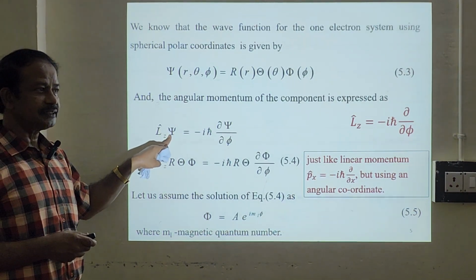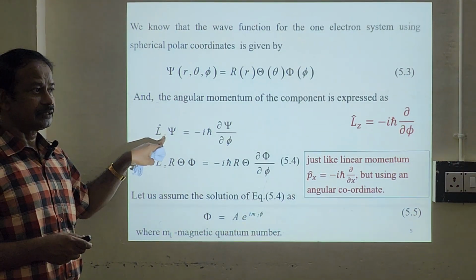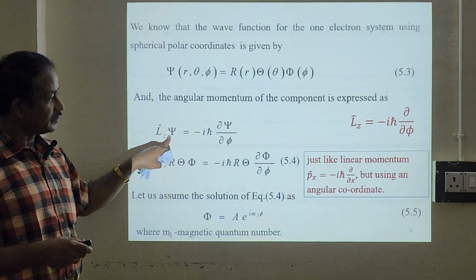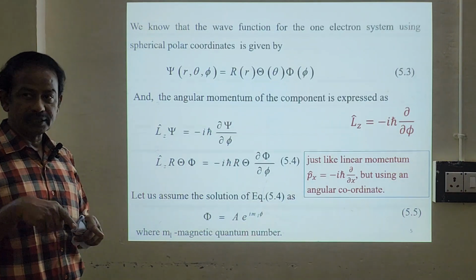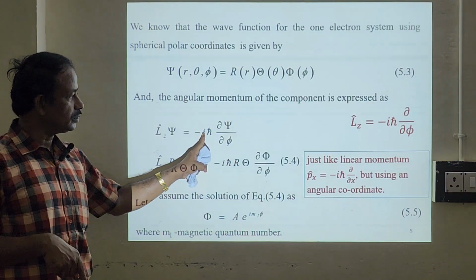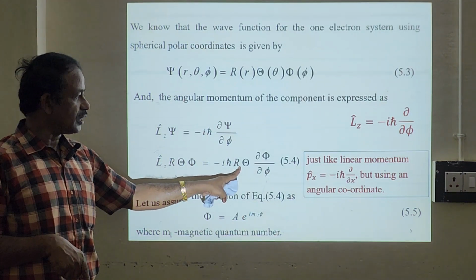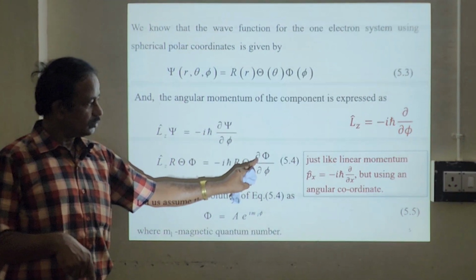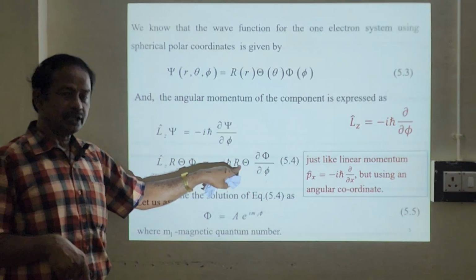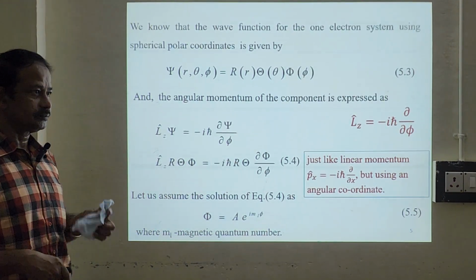Where psi, as I said, is in spherical polar coordinates. So psi depends on the radial part and the angular part. So psi can be written as r theta phi, which gives minus i h cross r theta d phi by d phi, because it depends only on phi. So I have pulled out r theta as a constant. Is it okay?